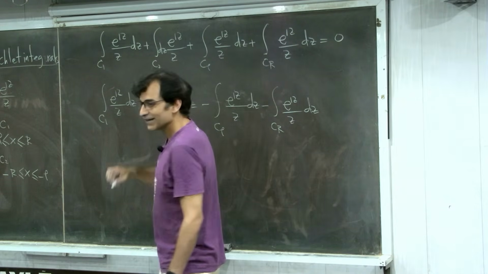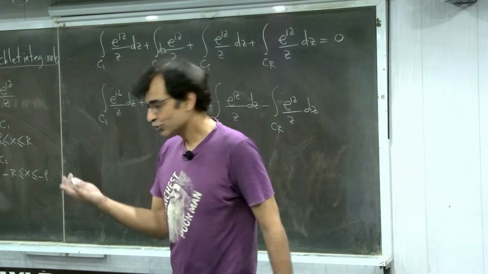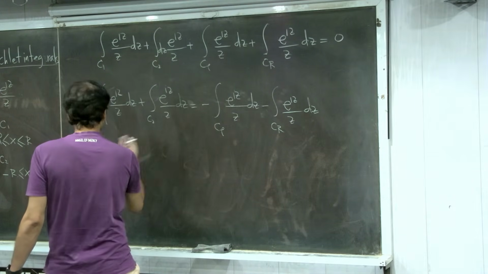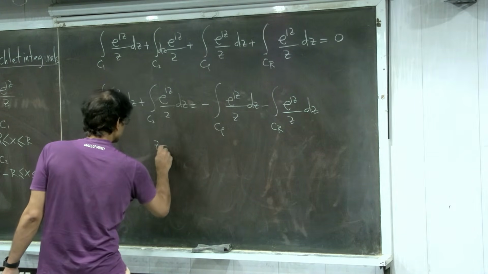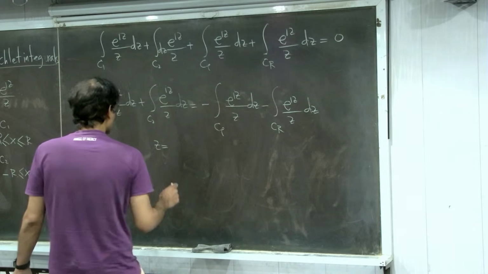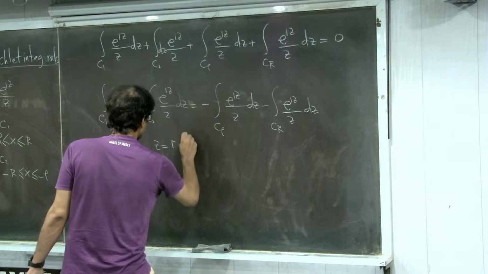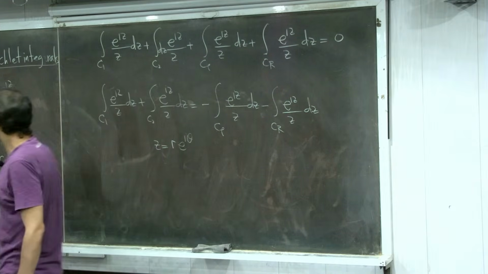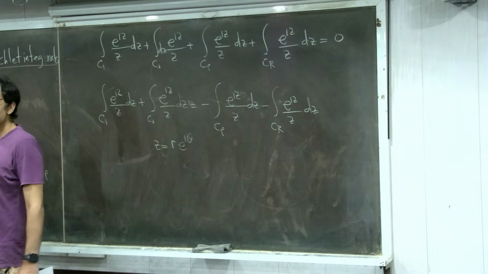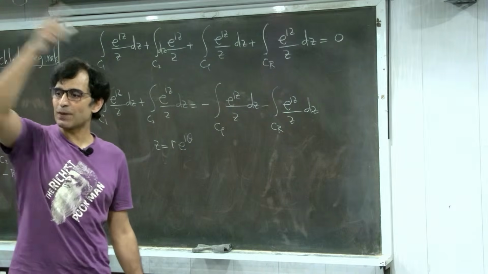As I told you, if I write minus C2, you remember for a unit circle, let's take z equal to, let me write it, the parametric equation is z is equal to R e to the power iota theta. So if I define theta as 0 on this side, I can write pi on the other side. So I can go from 0 to pi then.